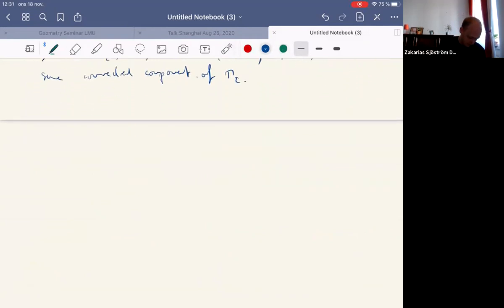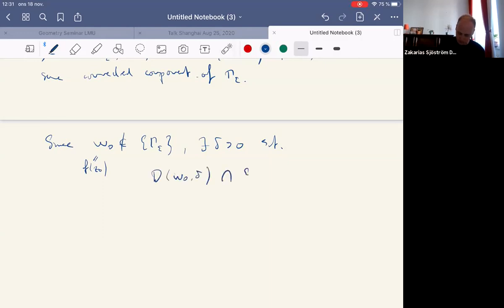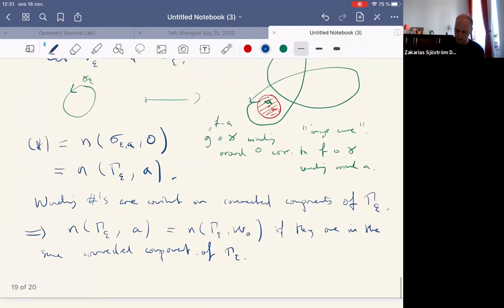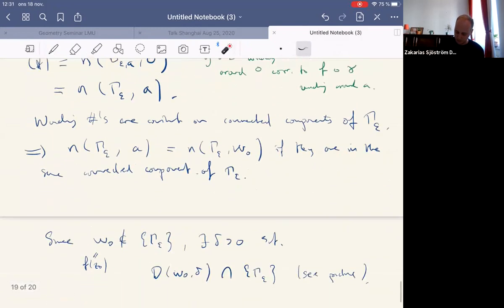So to finish this, we just say that, okay, since W0 is not on the image of gamma epsilon, there has to be such a circle. So there has to exist such a disk of radius delta around W0, which does not intersect with the curve, meaning, see picture, it's in the connected component defined here by it.